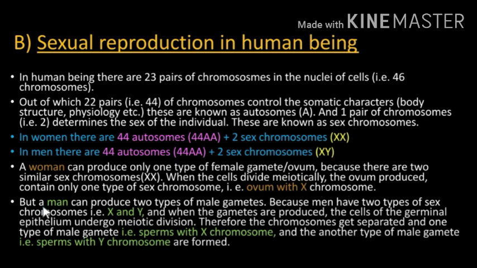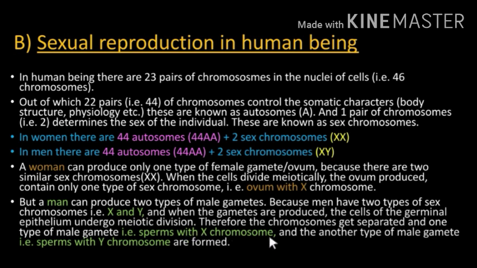But a man can produce two types of male gametes, because men have two types of sex chromosomes, one is X and another is Y. When the gametes are produced, the cells of the germinal epithelium undergo meiotic division, and therefore 50% of the sperms will contain the X chromosome and 50% of the sperms will contain the Y chromosome.